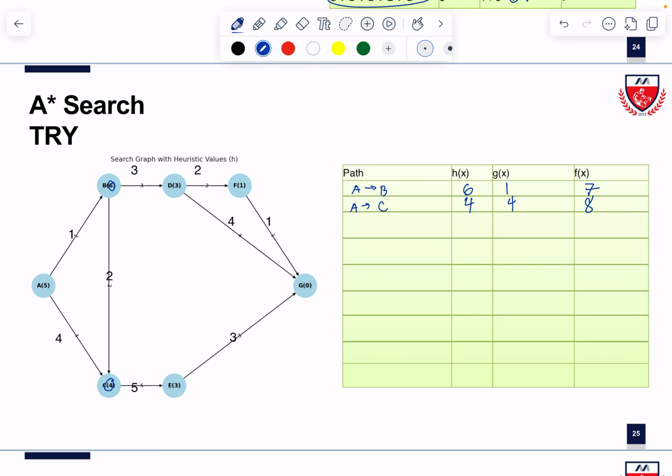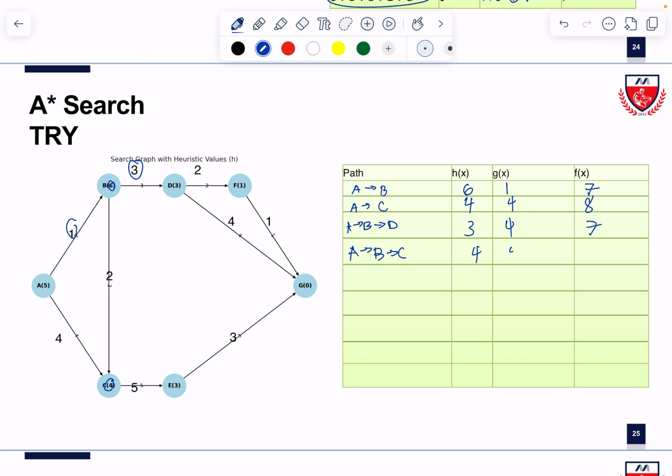So we choose A to B path here. So A to B na path papuntang D. Walang ibang path, no? Because wala siyang ibang children. A, B. Si D lang at saka si C. So A, B, D. From A to D, heuristic is 3. But the actual path is 3 plus 1, that is 4. Total of 7. A, B, C. We have from A to C, that is 4 heuristic.